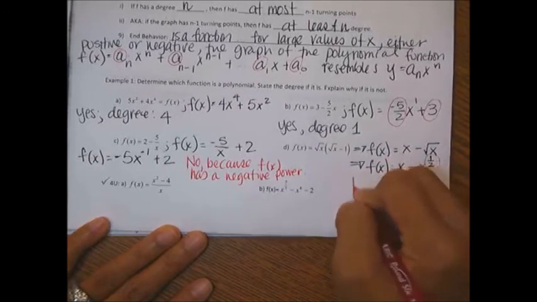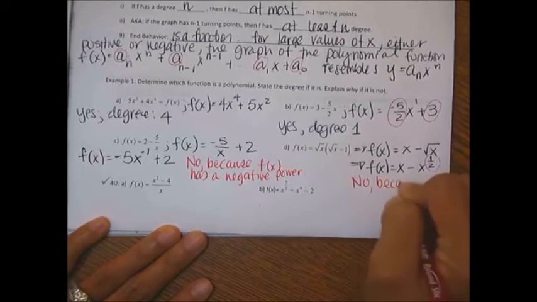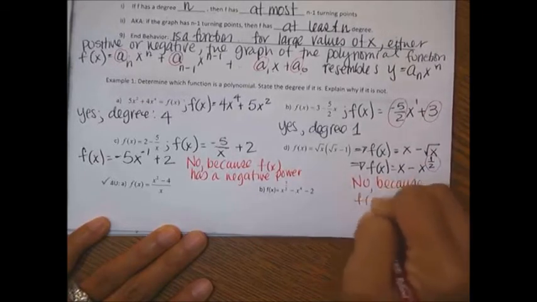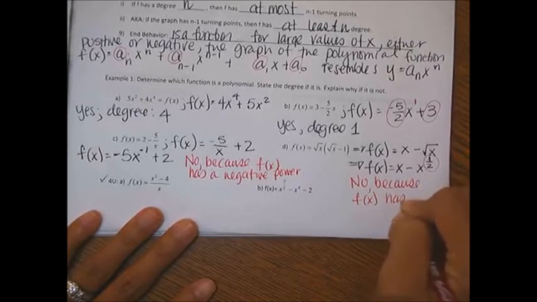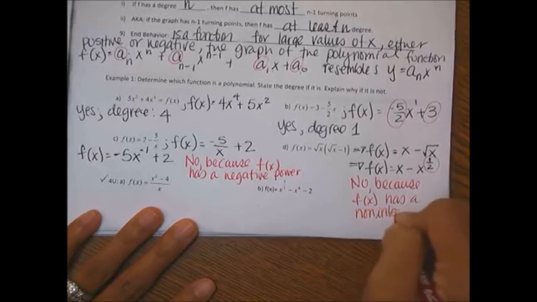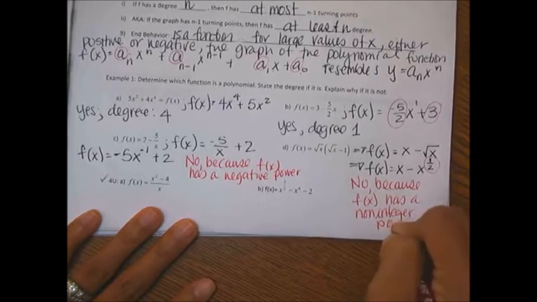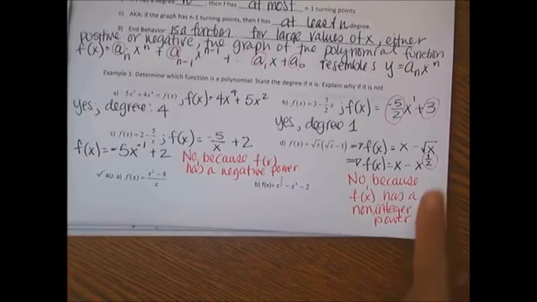So we're going to say this is no again, and the reason is because f of x has a non-integer power. Okay. Integer means whole number. Remember that? So because it has a fraction, it would not be a polynomial.